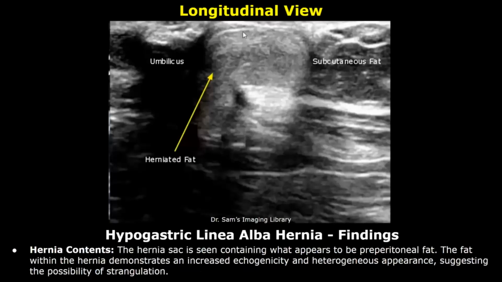Hernia contents: the hernia sac is seen containing what appears to be preperitoneal fat. The fat within the hernia demonstrates an increased echogenicity and heterogeneous appearance, suggesting the possibility of strangulation.